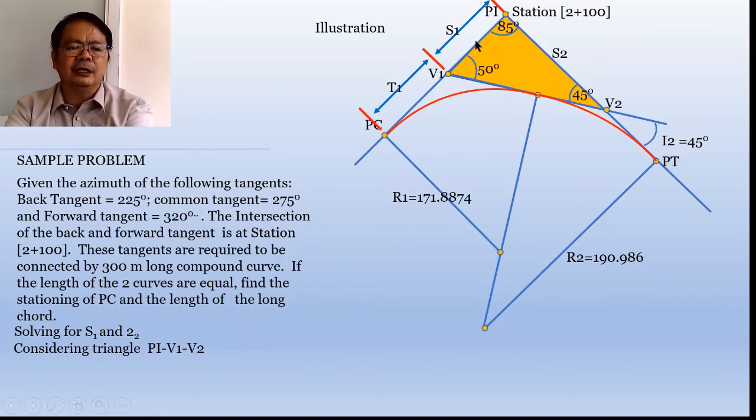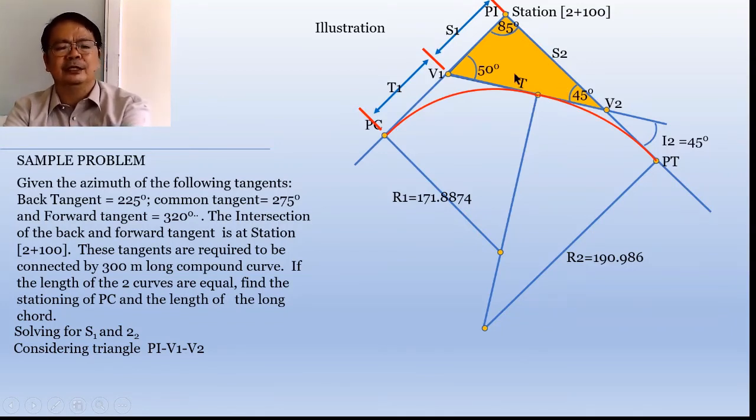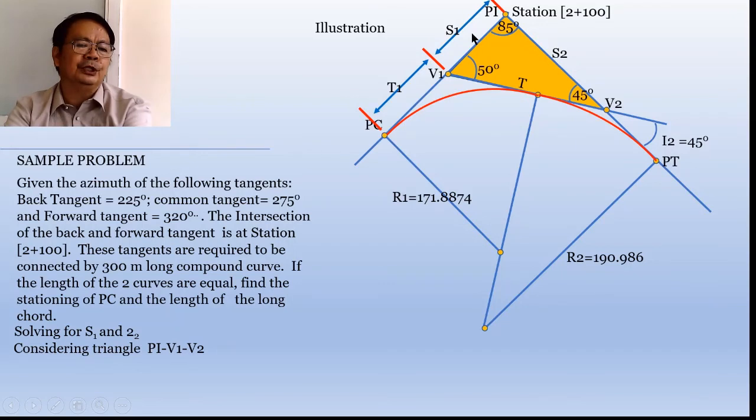In this triangle, the value of B sub 1 to B sub 2 is already known, which is the value of T, and the magnitude was already computed a while ago. Therefore, you can compute for S sub 1 and S sub 2 by using sine law, because you are given the three included angles and one of the opposite sides. The two remaining sides can be computed using sine law.